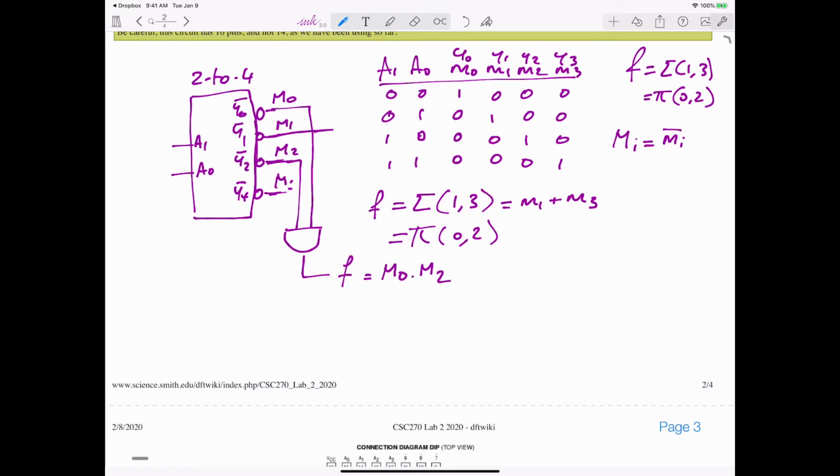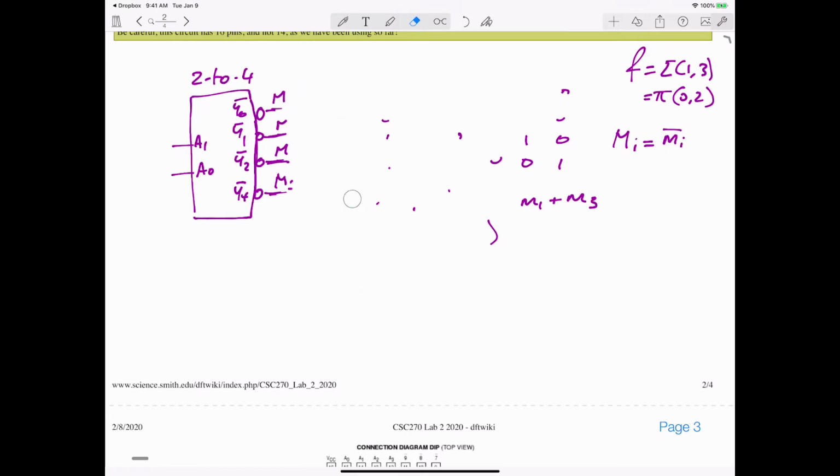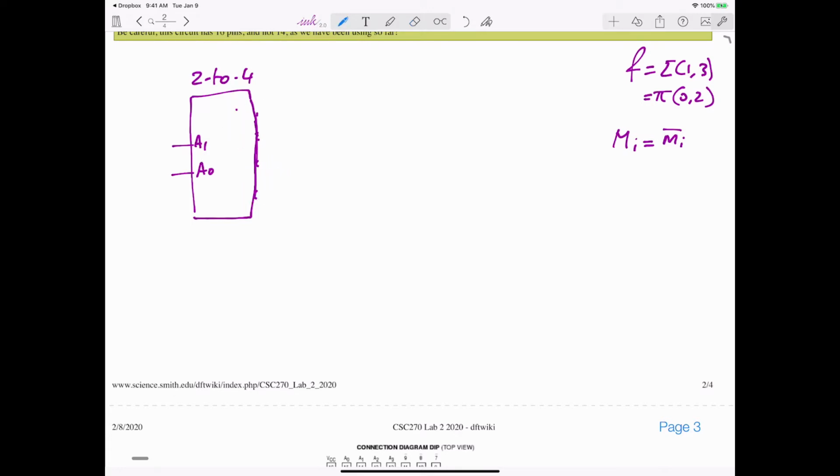I'm going to erase everything here and go back to the non-inverting outputs. So Y0, Y1, Y2, Y3.